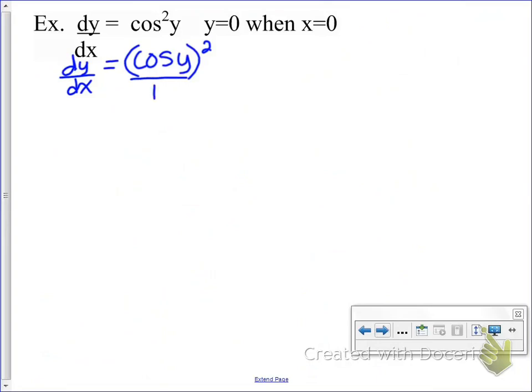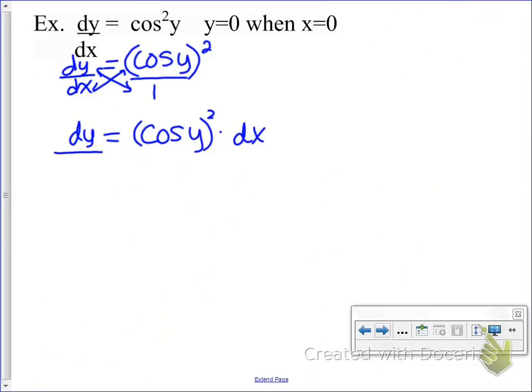Cross multiply. 1 times dy is dy. Cosine of y squared, or cosine squared y, it doesn't matter which way we write it, times dx. We have to group the y's with the dy's and the x's with the dx's.